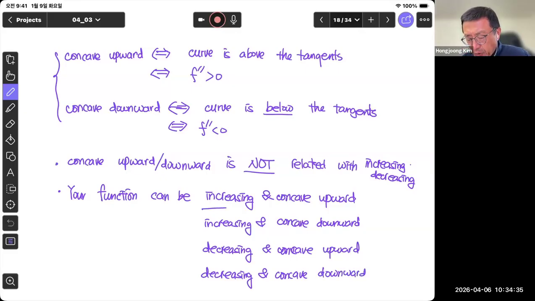So if your function is increasing and concave upward, then the shape is similar to the right hand side of the x squared function. It increases like this. But if your function is increasing and concave downward, it increases as in negative x squared function.